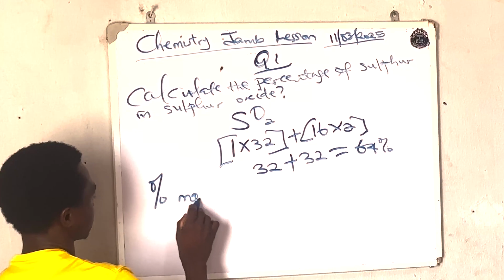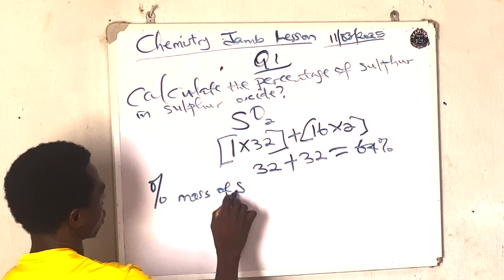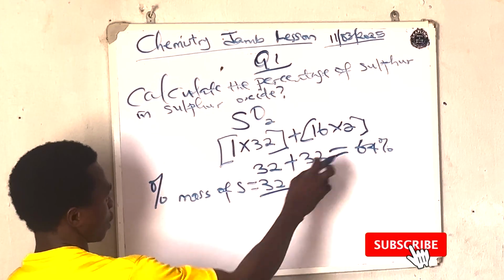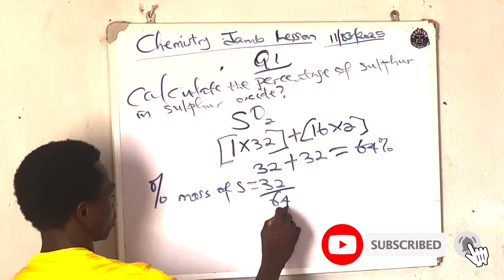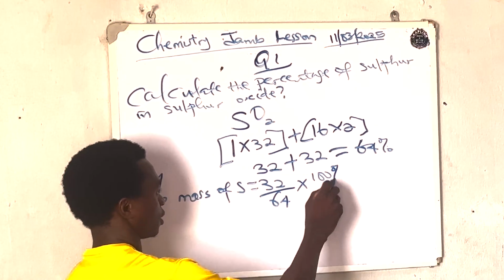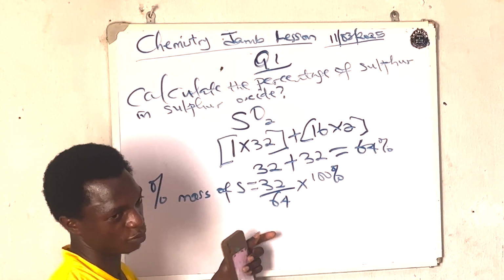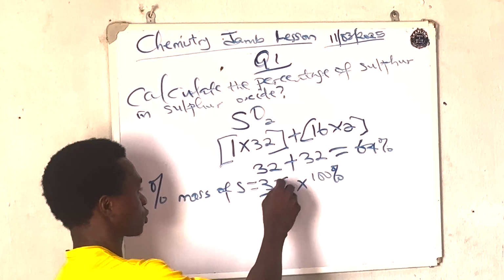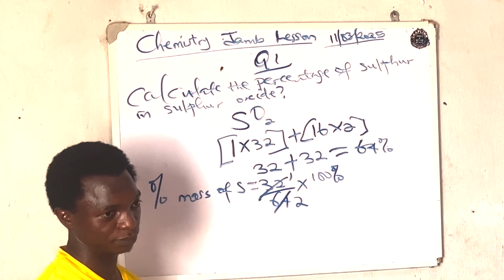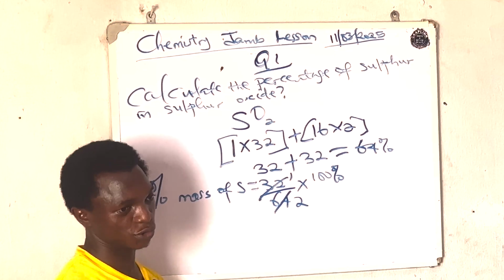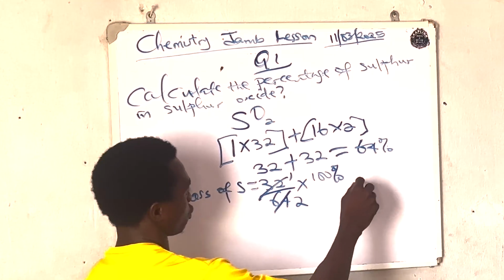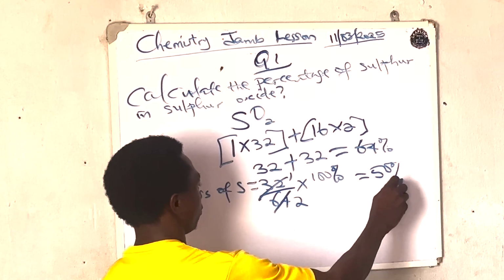Percentage by mass of sulfur is going to be the mass of sulfur, 32, divided by the total mass, 64, times 100%. If you divide 32 by 64, you are going to have 1 over 2, because 32 cancels 32, and 1 over 2 of 100 will give you 50%.